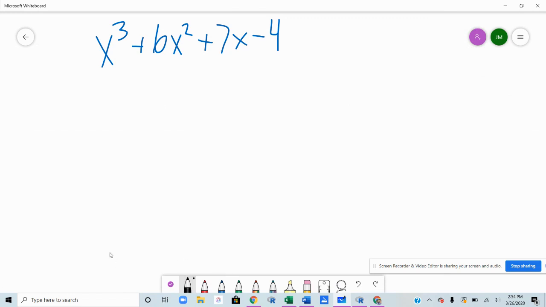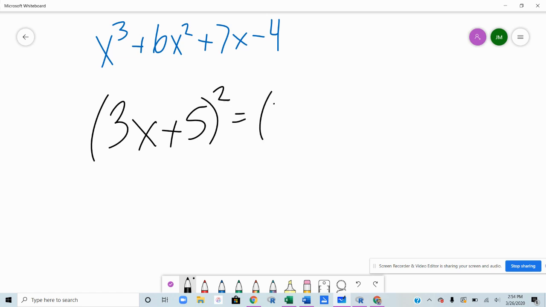Last one, that's very, very important. (3x plus 5) squared. Remember, when you square something, it means to times it by itself. So that really means you have 3x plus 5 times itself, 3x plus 5.